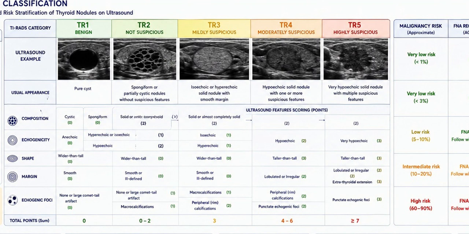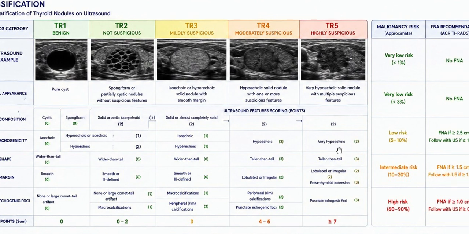So they are saying that if the lesion measures above or equal to 2.5 centimeters under this low risk category there, then you need what? Fine needle aspiration. If it is below that, we just do a follow-up.